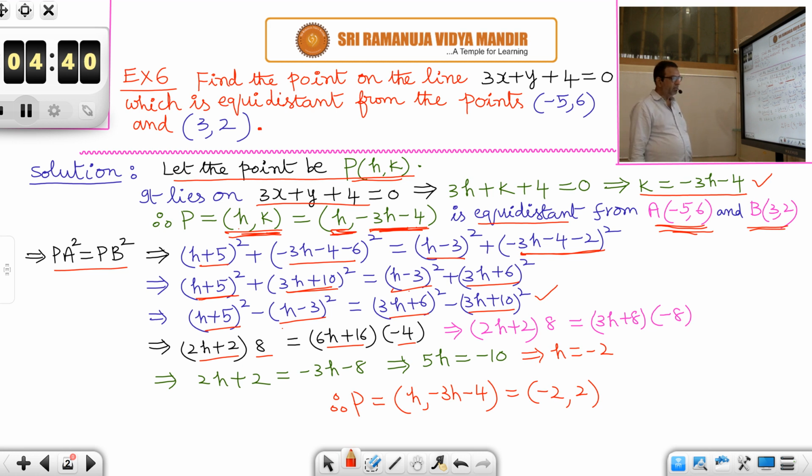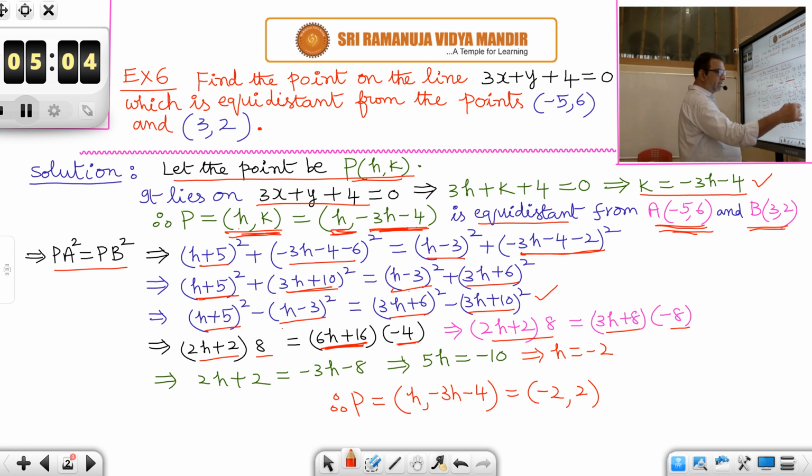Next step, what I am doing is left hand side no change, 2h plus 2 into 8. But right hand side I am taking 2 common from this bracket 6h plus 16. So in the bracket now 3h plus 8 will be there because I am taking 2 out, and that 2 will multiply this minus 4 and becomes minus 8.